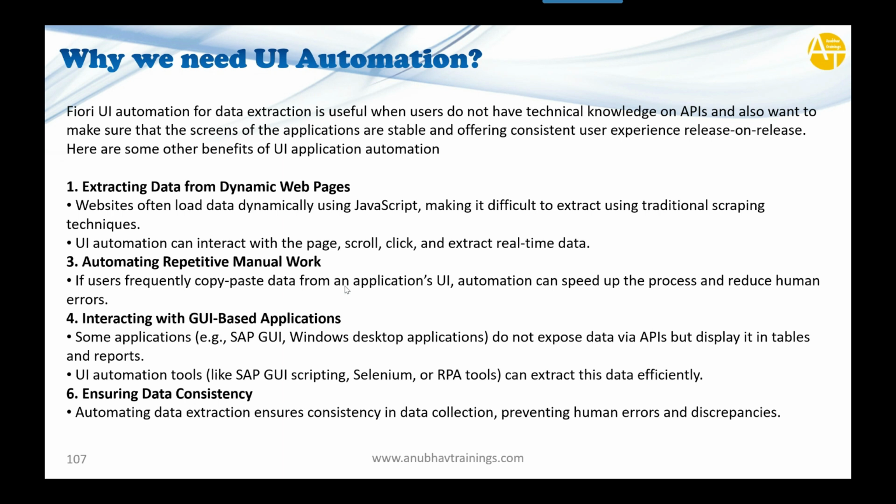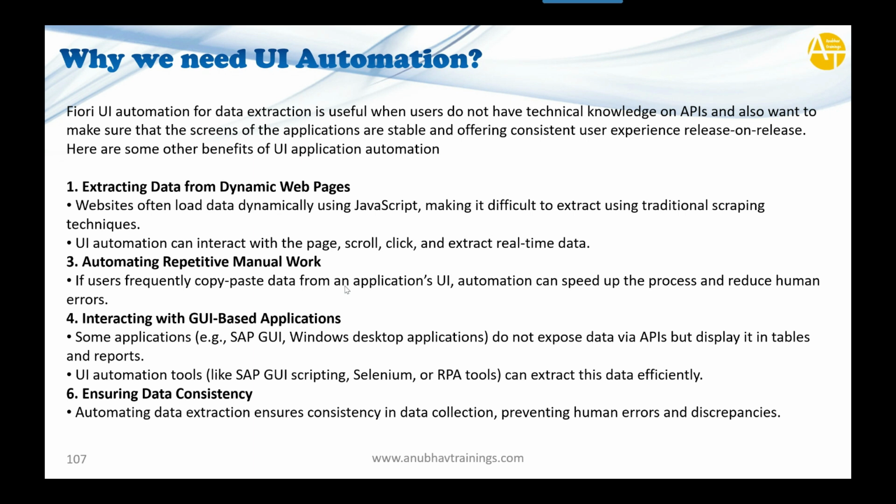It won't help because there are a lot of calls happening on a UI. The best way to extract data from an application is directly looking at the screen and doing it from the screen. UI automation can also interact with the UI pages, where it can scroll, click, and extract the data in real time. That gives us a guarantee that our application is stable.